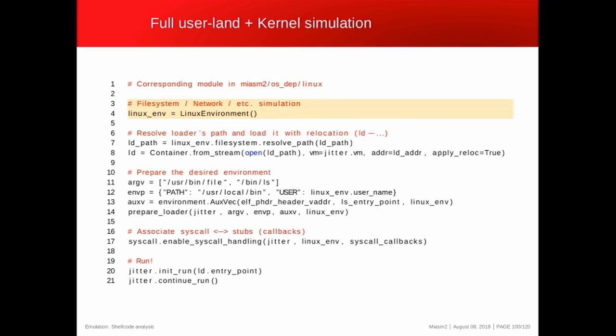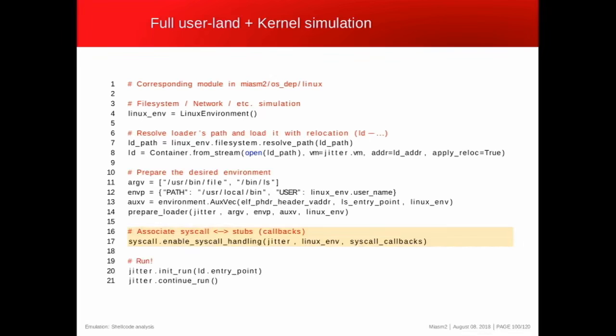So, for instance, we create a Linux environment which will simulate the file system, the network, etc. Everything is simulated. So we have to get back the loader inside the sandbox. We have to map it, relocate it, prepare the environment, say what are the arguments, what is the environment, what are the auxiliary vectors, etc.